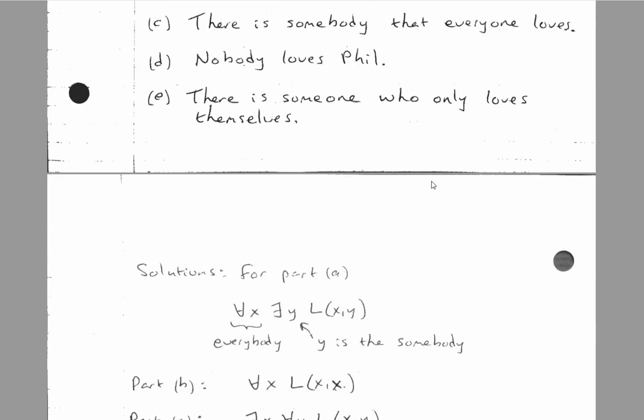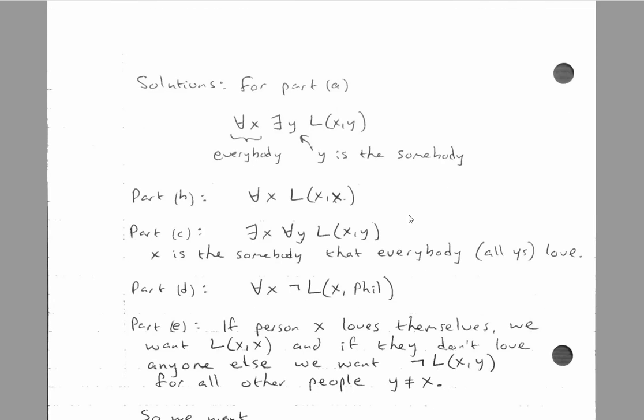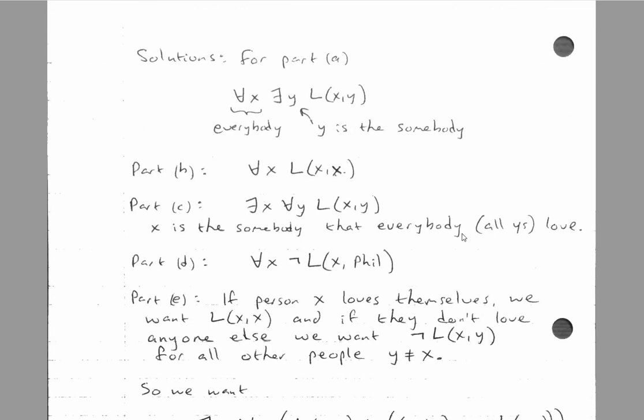Is that the right way around? Yeah, I guess that should be the other way around. So we want y to love x. So it should be a y, there should be an x. So all the y's love x.